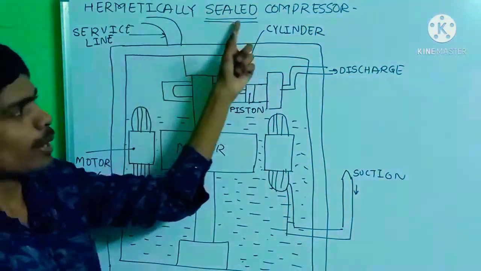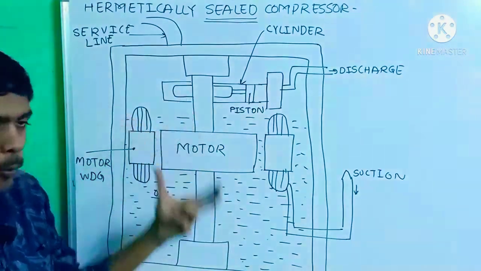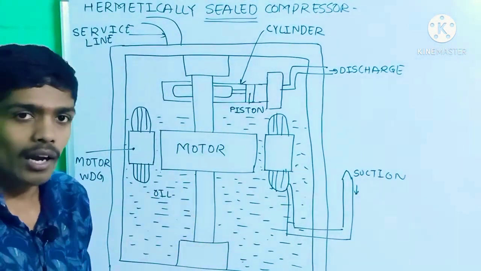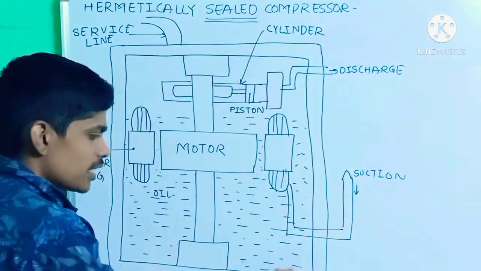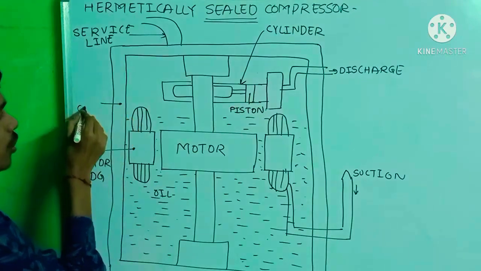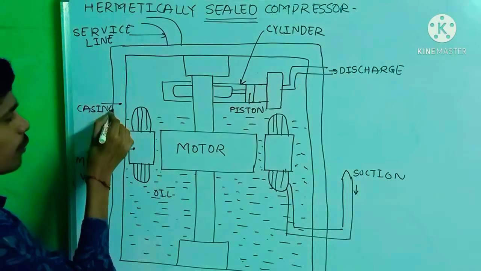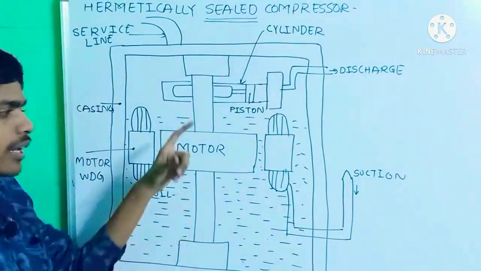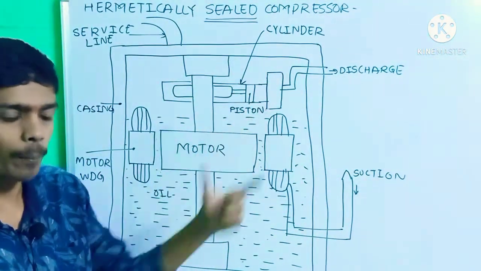When the compressor and motor are on the same shaft and in the same casing, we can say it is a hermetically sealed compressor.